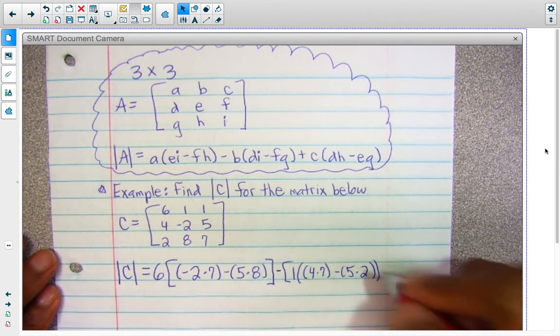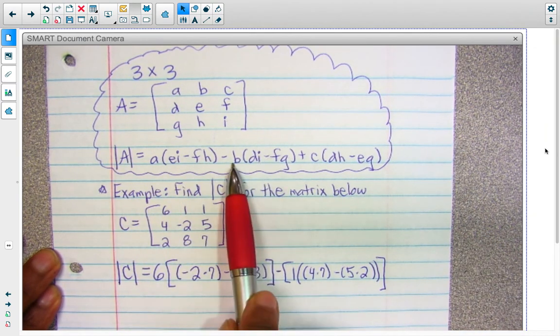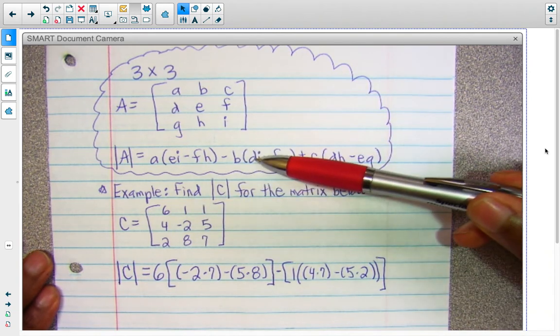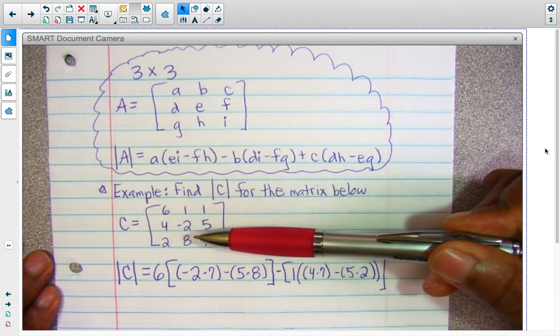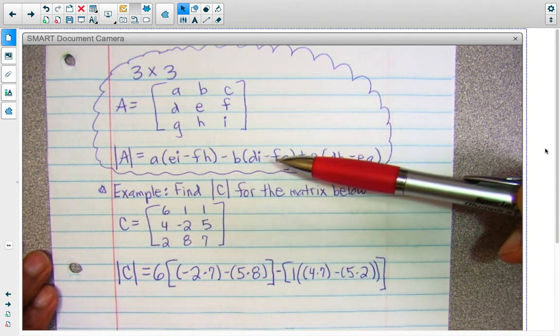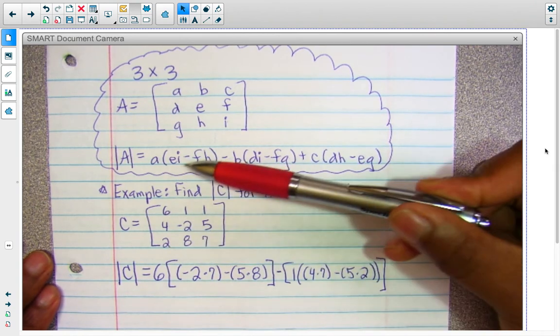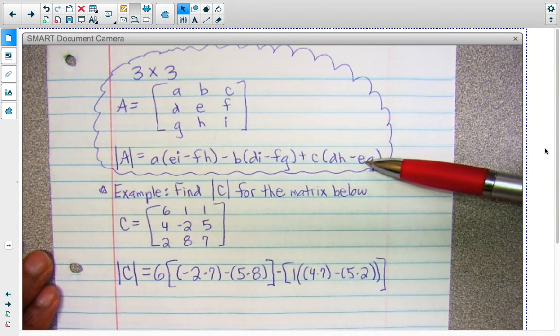I'm just trying to keep track of everything so you know that this is the first section, this is the second section. So I took 1, then I'm going to do D times I, so that is 4 times 7. And then I'm doing F times G, which is 5 times 2. So I'm just following the letters that are up here and placing the number into the correct spot.